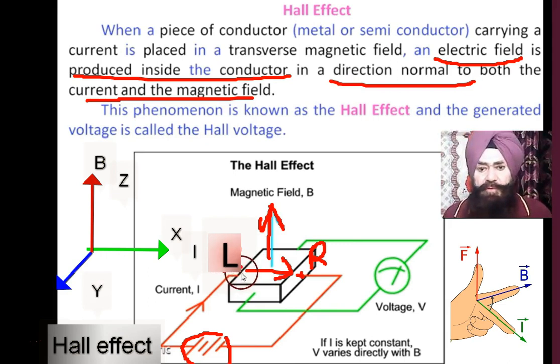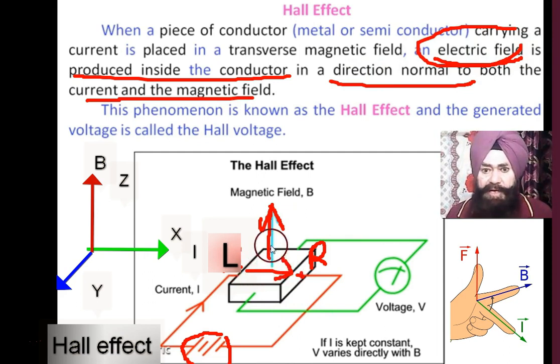Let us assume that this axis is the x-axis, and this axis is the z-axis. Then there will be an electric field along the y direction, because current is along x and magnetic field is along z. This is the y direction.